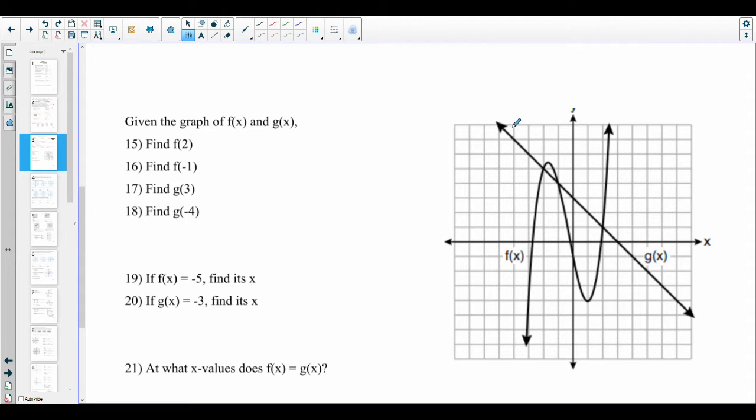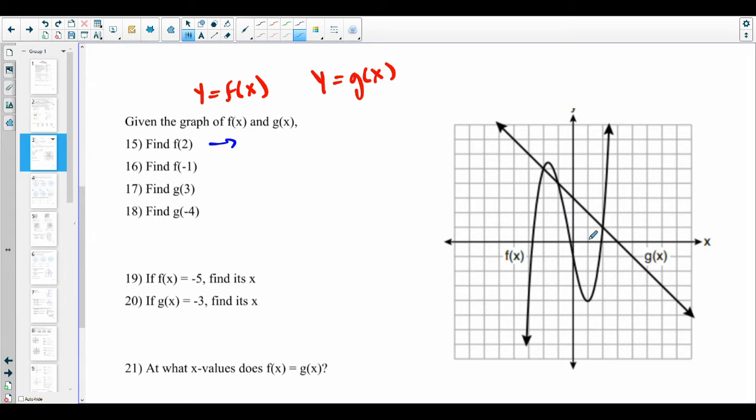Okay, now we're given two graphs. So we're given f of x, that's the wiggly one, and g of x, that's the straight line. Find f of 2. Now remember, y equals f of x, or y equals g of x. If you're asked to find f of 2, you want to see when x is 2, what is the y value on this function f?